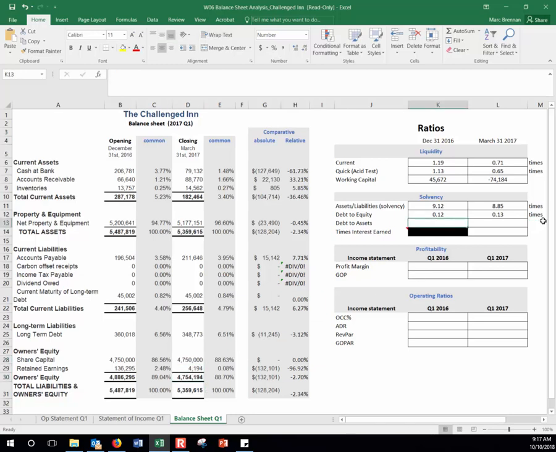Okay. Now for our debt to assets, we're going to take a look at the percentage of assets that are financed through debt. Okay, and this is where we get into a percentage all of a sudden. So we're going to go our total debt again, so our $241,506 plus our $360,018.